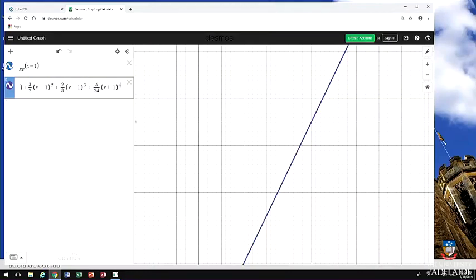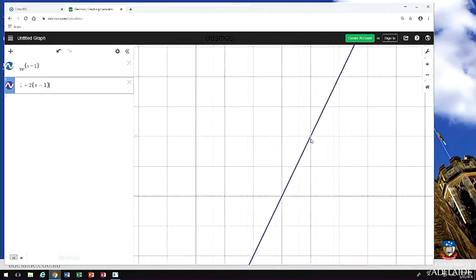So that's at the 4. That's at the 3. That's at the 2. It's really good close to x. But of course, if I get further away, it gets less good.